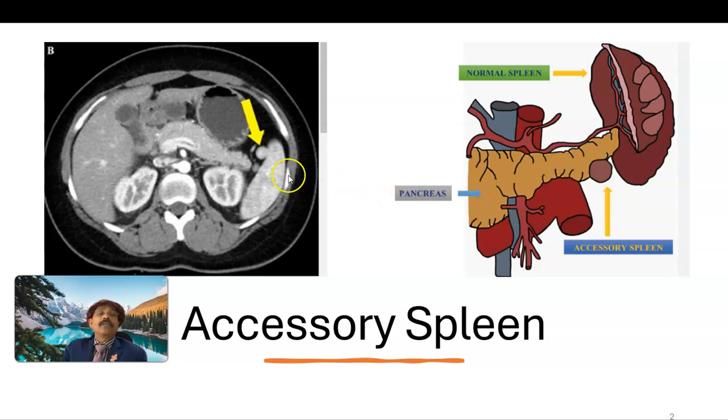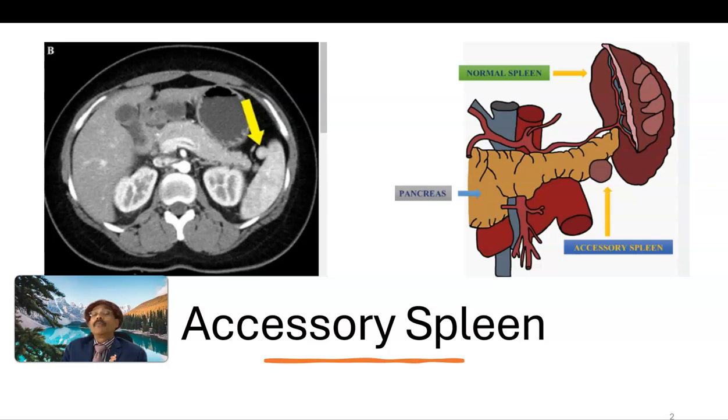Here we are saying this is an accessory spleen very close to the main spleen in the hilum of the spleen. In another case it may be like this, but it may be anywhere in the abdomen, in any ligament, omentum, gastrosplenic ligament, splenorenal ligament, phrenicocolic ligament.